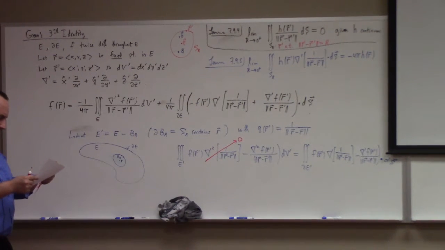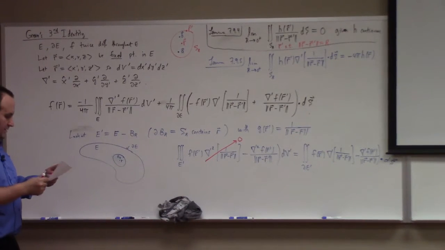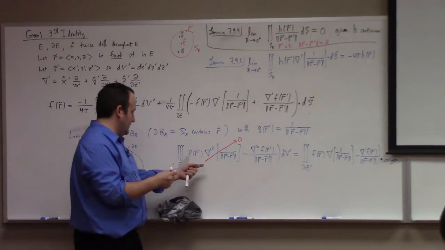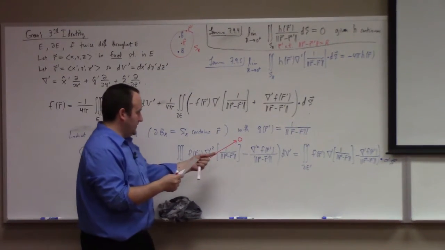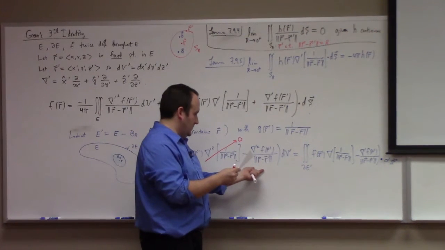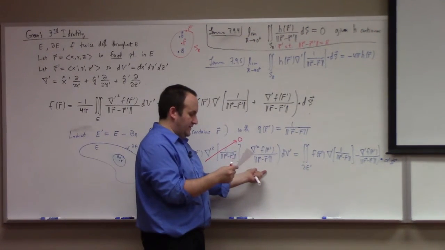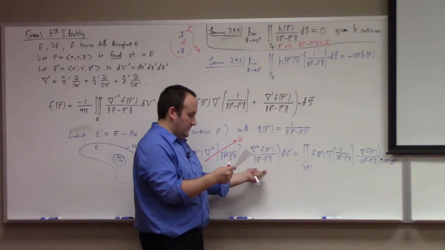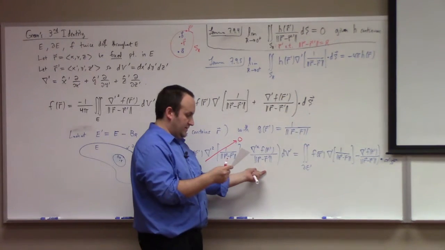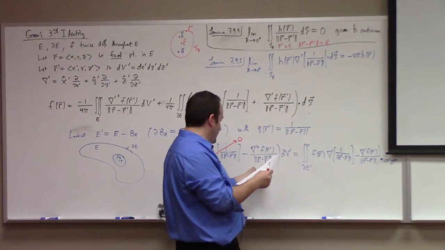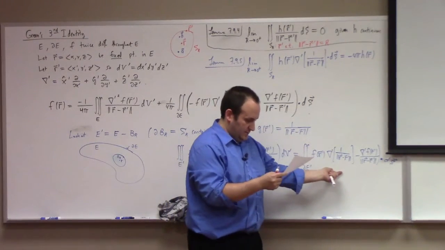Then I look at the triple integral over E prime of just this, and I show that this can be rewritten, so then this is equal to that.